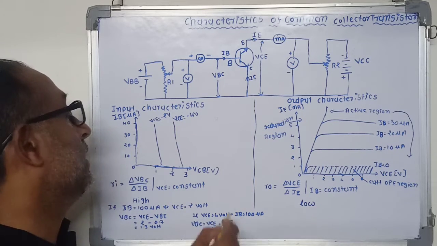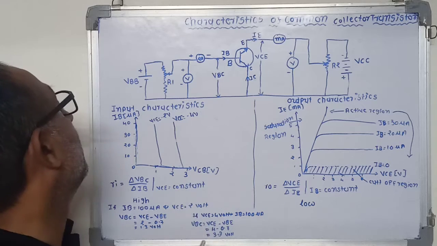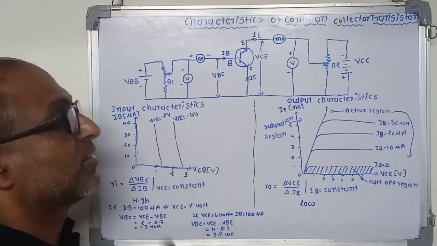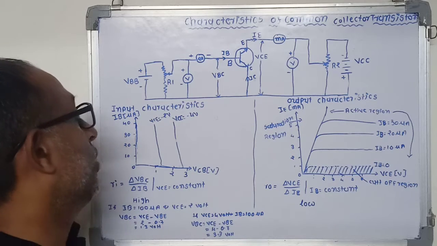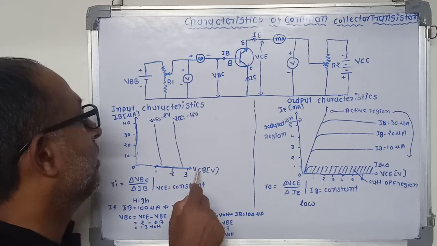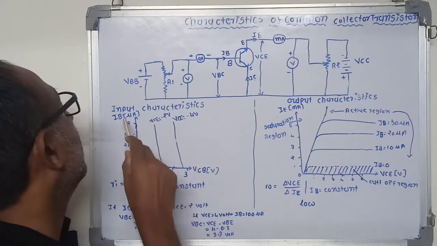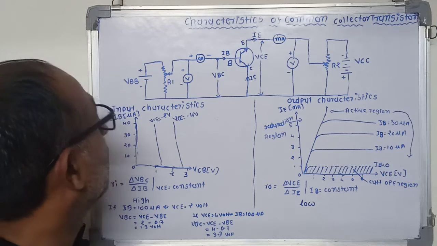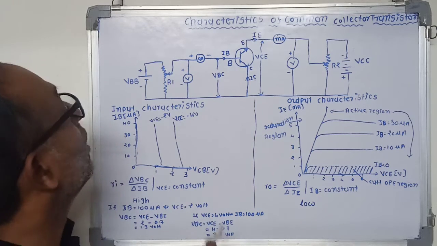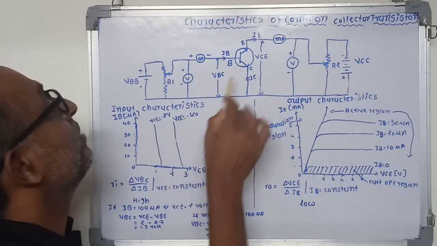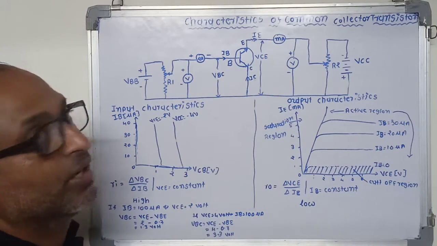For the different voltage levels of collector base voltage, the corresponding base current value is noted. Then a curve is drawn between collector base voltage and base current. Here we see the different characteristics for the different collector emitter voltages.